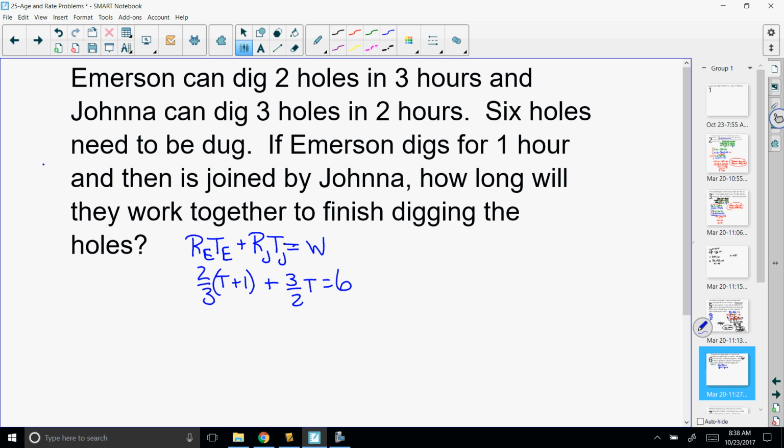Oh, because they dig 6 holes need to be done. Otherwise, you got everything else. Emerson digs for an hour first by themselves, but they want to know how long they work together. All right, so finish solving the problem.